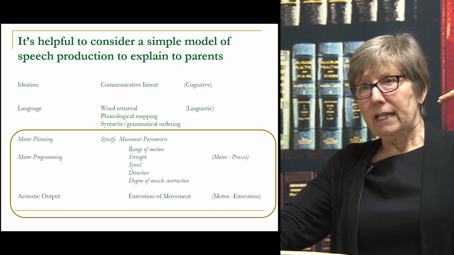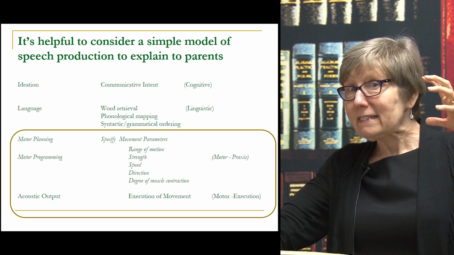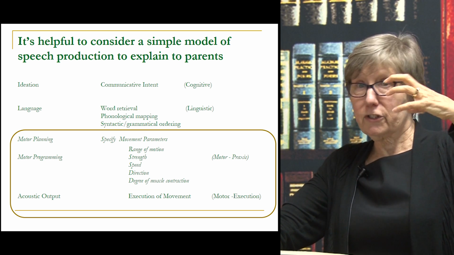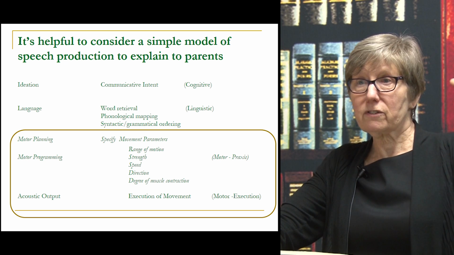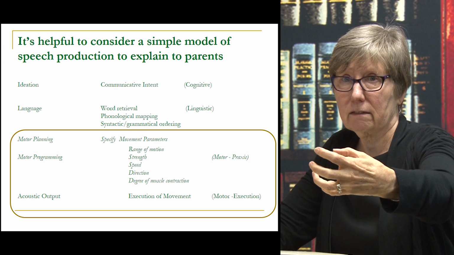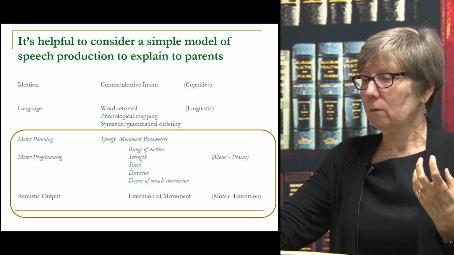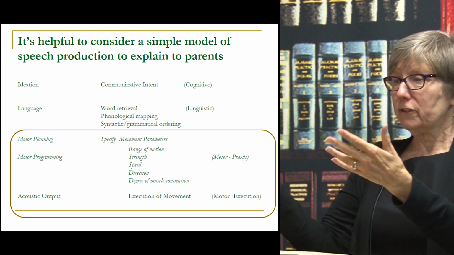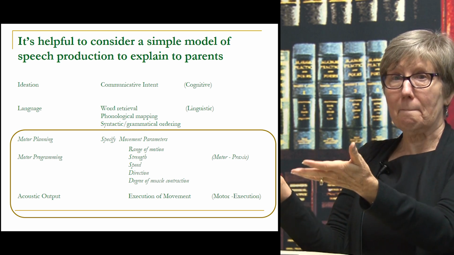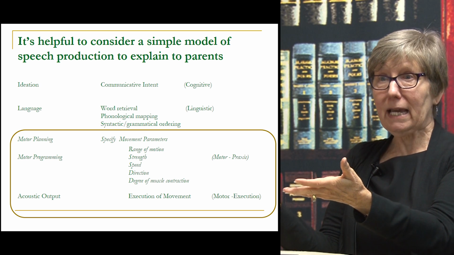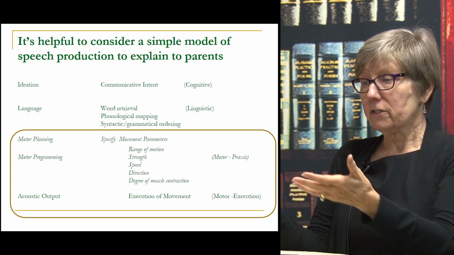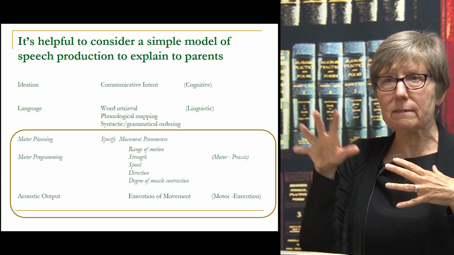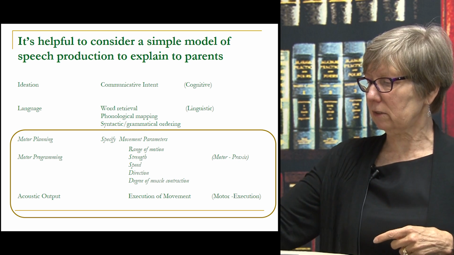That involves then, once the movement specification is done, the child, or adult for that matter, has to retrieve and activate that motor plan, which then results in the actual execution of the movement. So using a very simple, basic model like this can be helpful to parents to help them understand where in this model their child might be having difficulty.